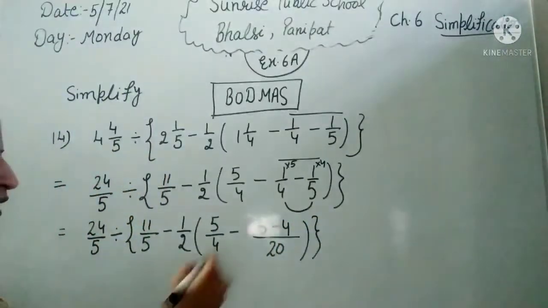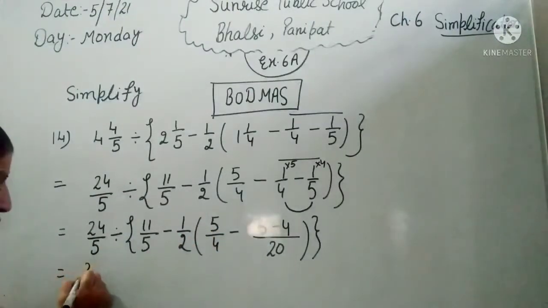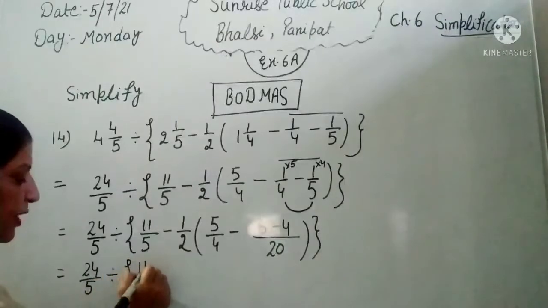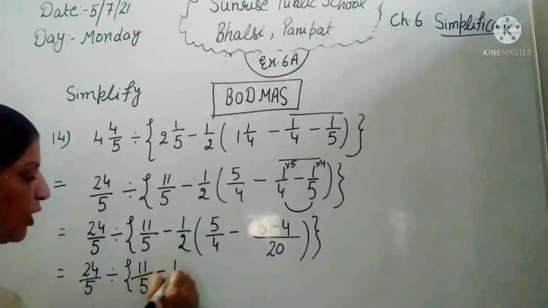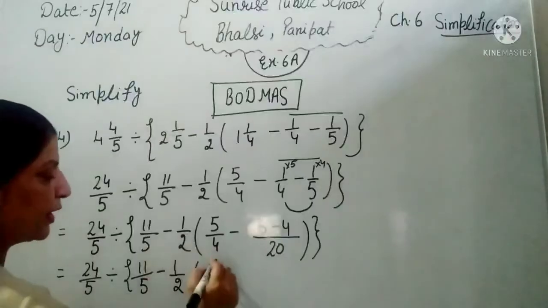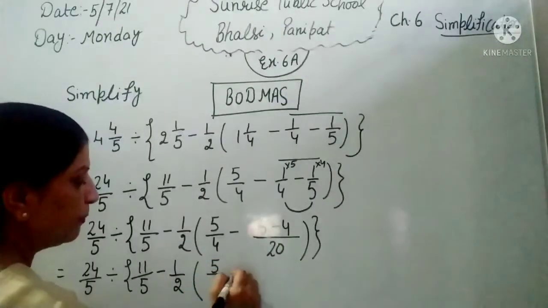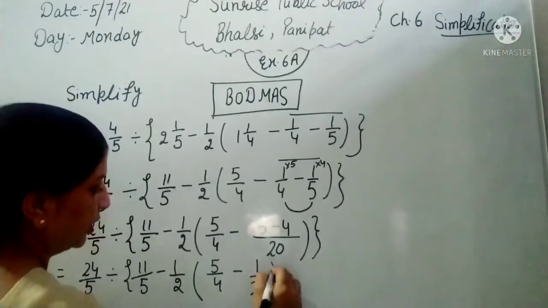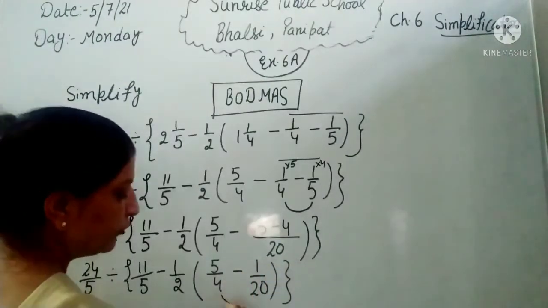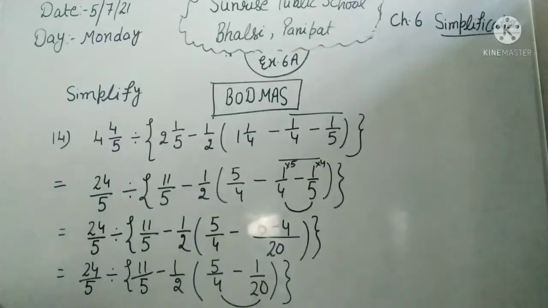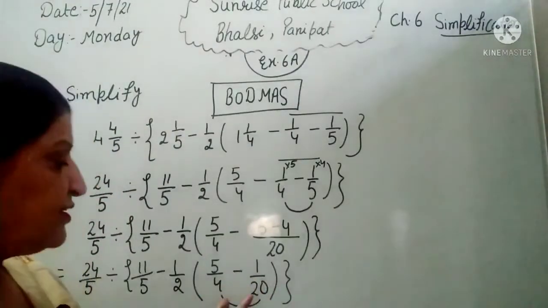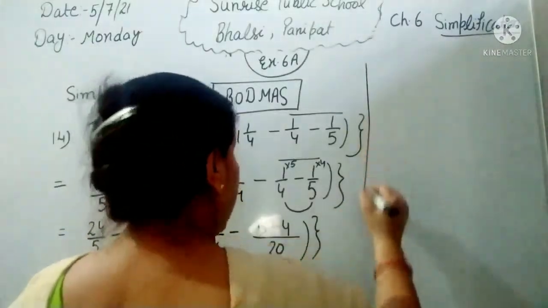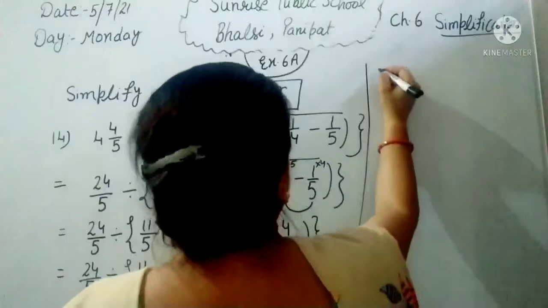Now in the next step we have to solve this. 24 by 5 divided by 11 by 5 minus 1 by 2, small bracket 5 by 4 minus 5 minus 4 that is equal to 1 by 20. Now here we have to solve this bracket. Now 4 और 20 जब आप इसका LCM लेंगे तो आपके पास जो LCM आएगा वो आएगा 20.